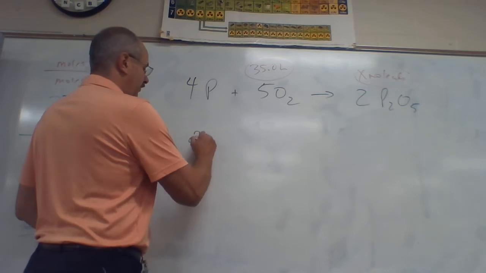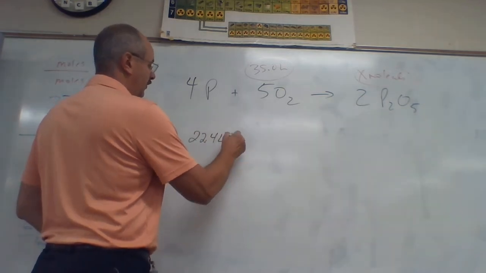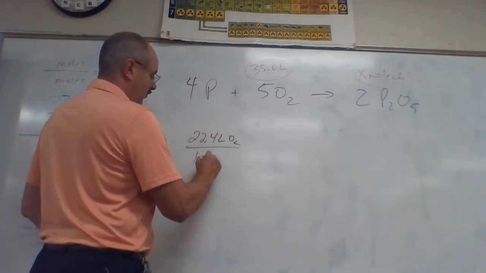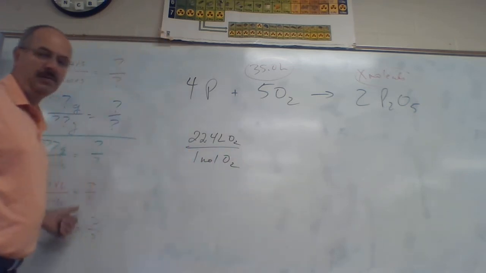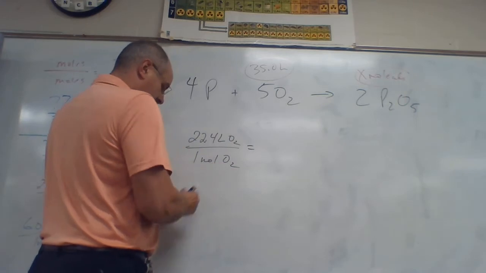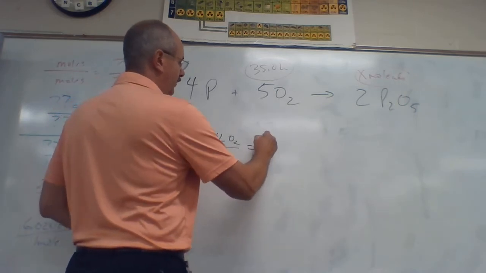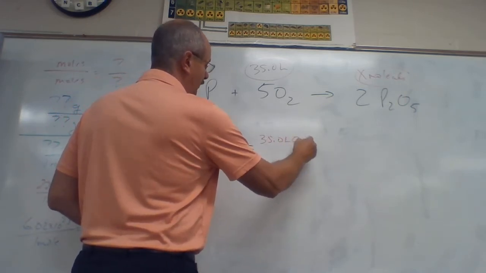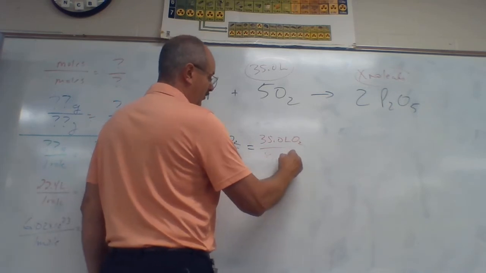We got 22.4 liters of O2 is 1 mole of O2. That was the first half of the ratio over here. Then I don't have 22.4, I got 35.0 liters of O2, and I want to find X moles of O2.